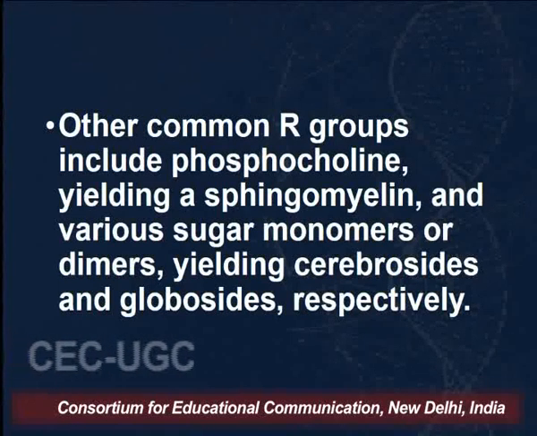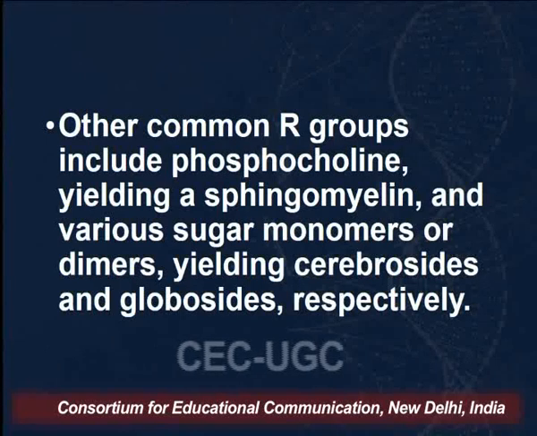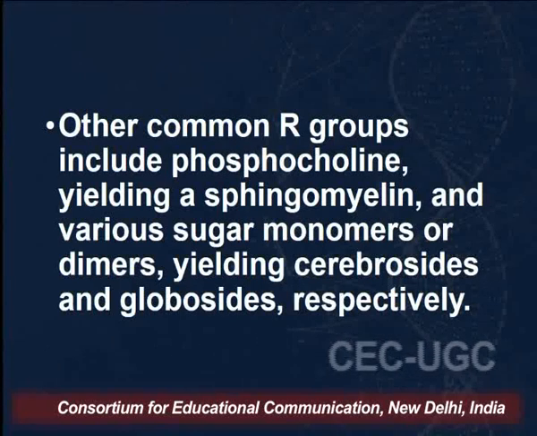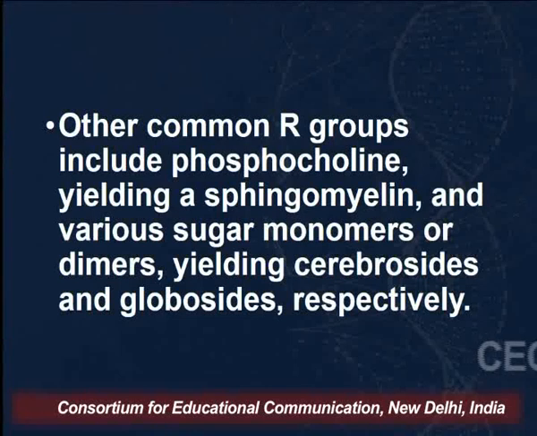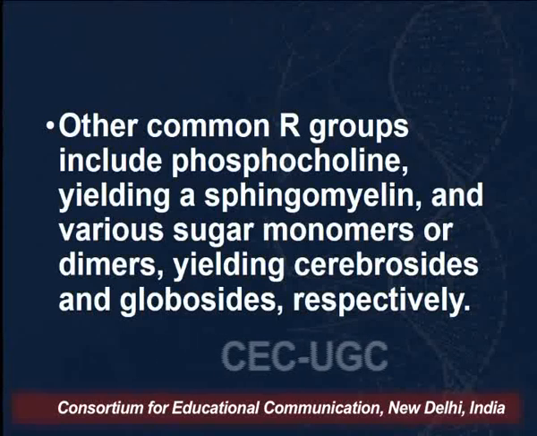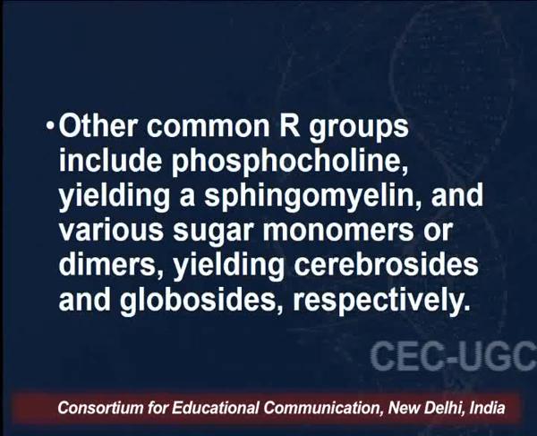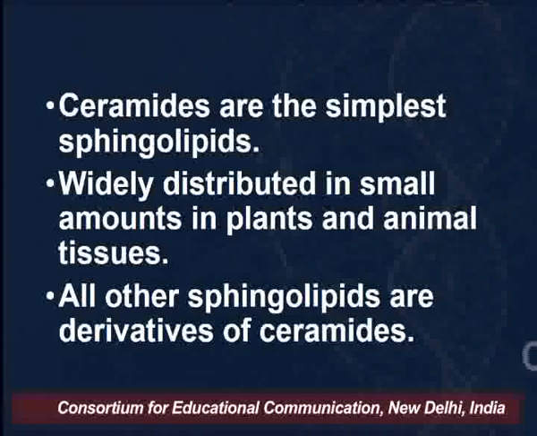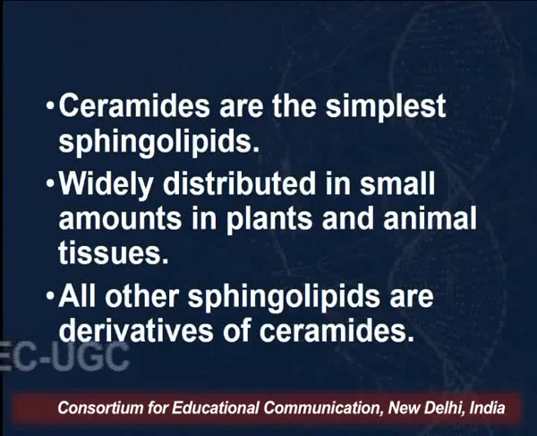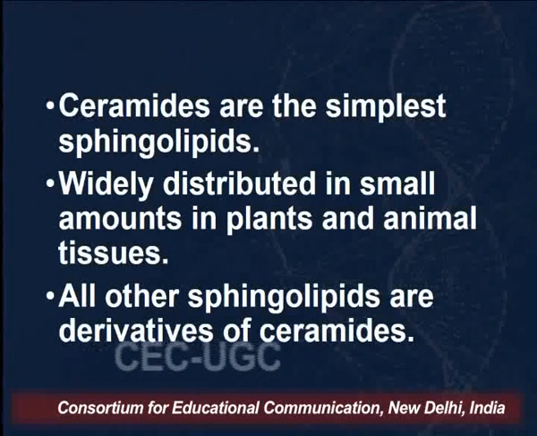If we have sugar monomers, or dimers, or oligosaccharides attached to the basic sphingolipid, we will get cerebrosides and globosides respectively. And as I've said, ceramides are the simplest sphingolipids.